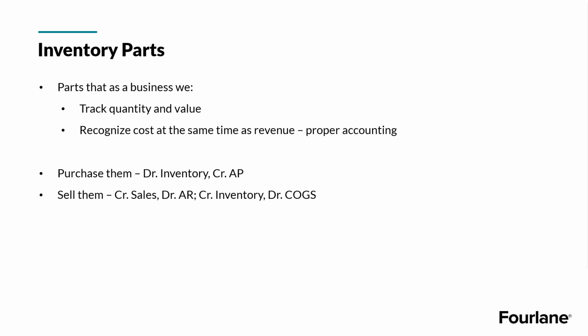Okay, so where does that value come from? That value is the cost of the part that we purchased. That value is potentially building in some landed costs, things like shipping costs, freight costs, tariffs, duties, taxes, and other things.